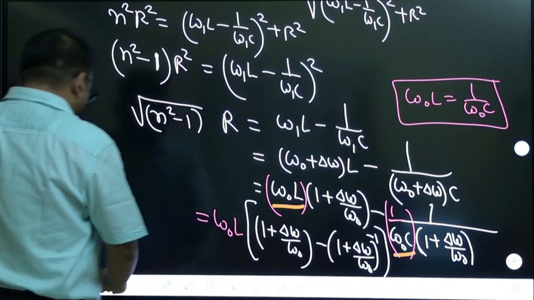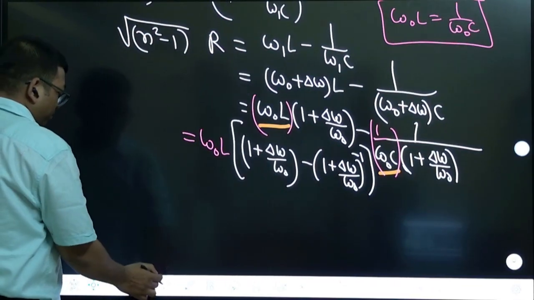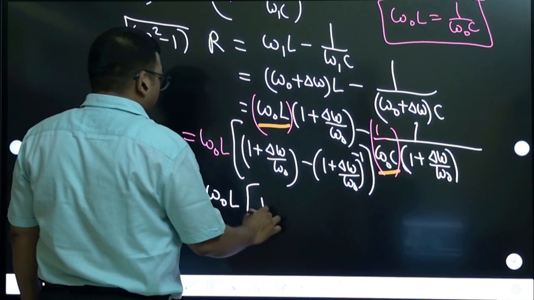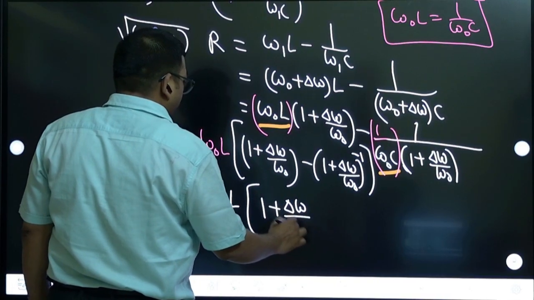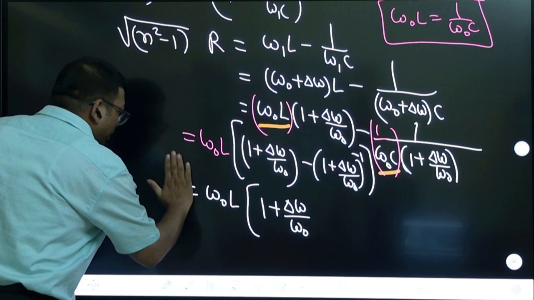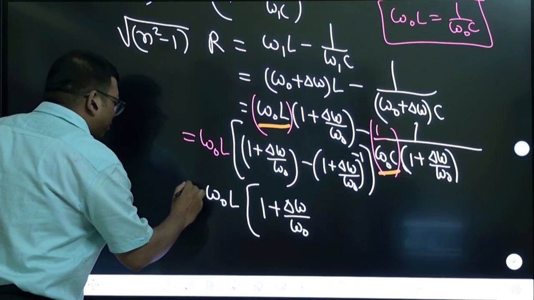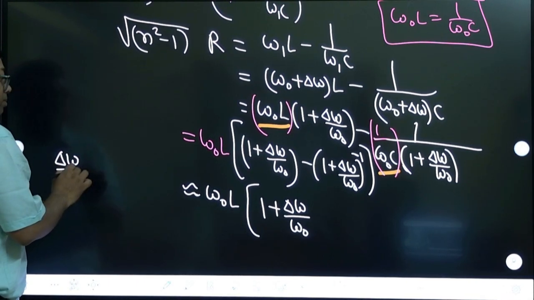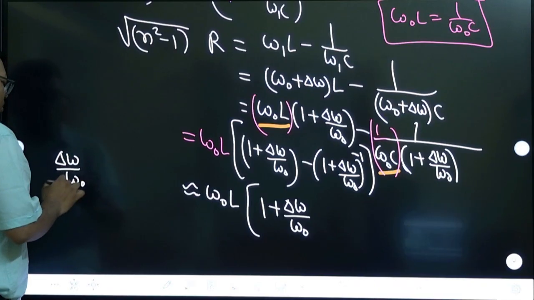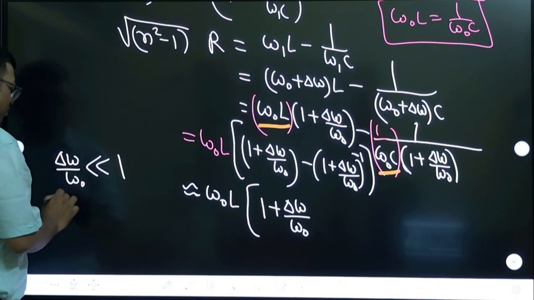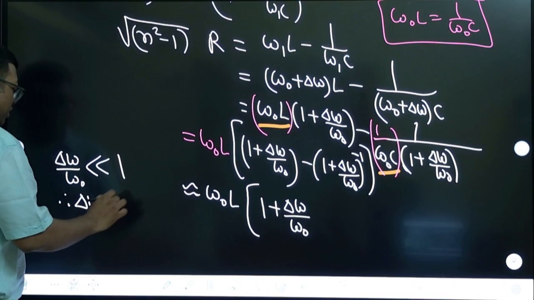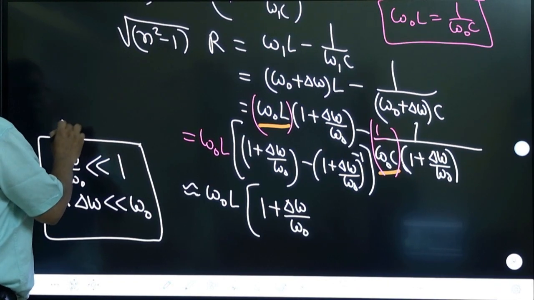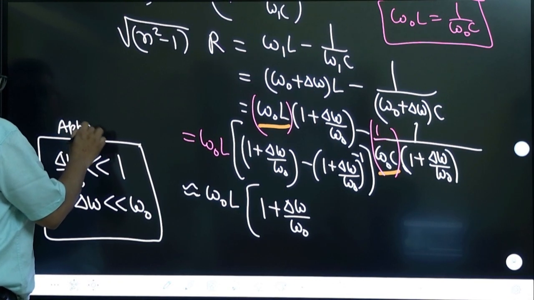Now we will apply the binomial approximation. So omega naught L times 1 plus delta omega by omega naught. Note that now equality will not hold. It is an approximation now, because we are going to assume that delta omega by omega naught is much smaller than 1. This is the approximation we are applying.